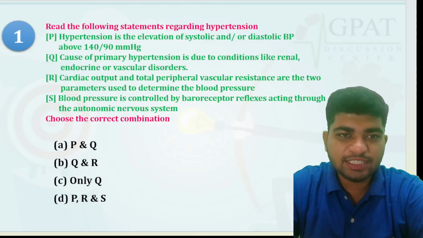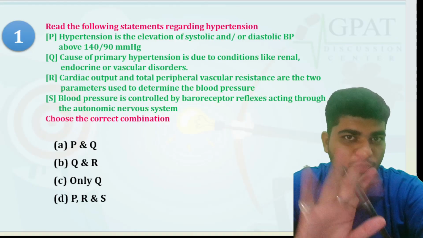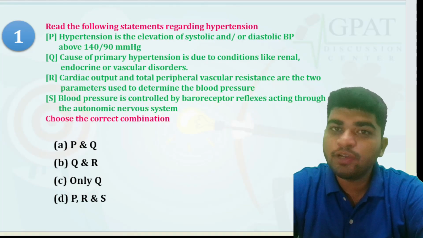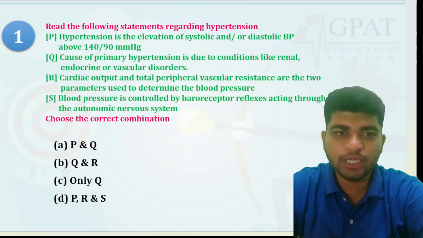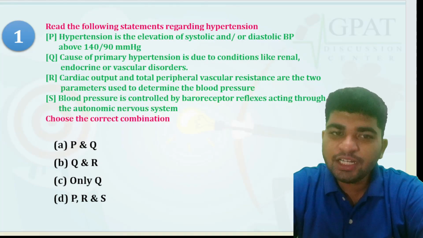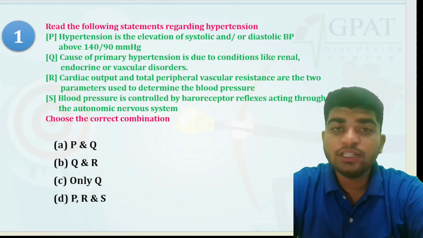The first question says: read the following sentences regarding hypertension. There are four statements. P: hypertension is the elevation of systolic or diastolic BP above 140 by 90 mmHg. Q: the cause of primary hypertension is conditions like renal, endocrine, or vascular disorders.